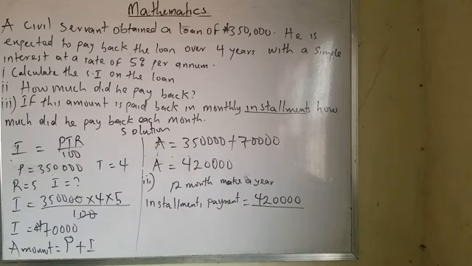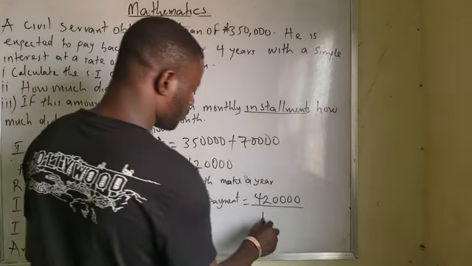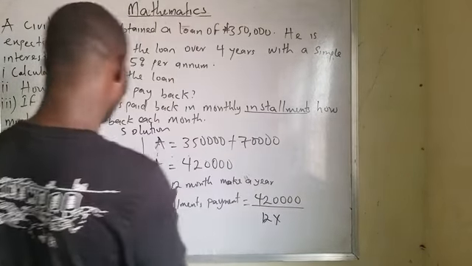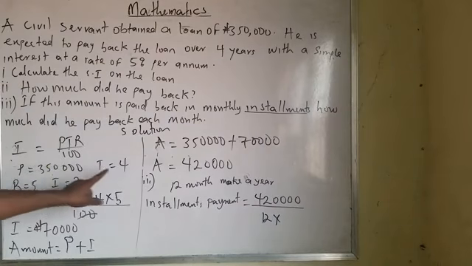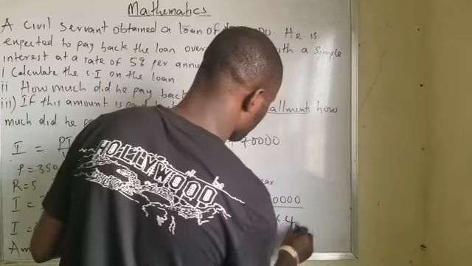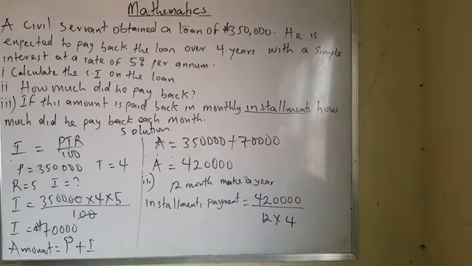We're talking about 12 multiplied by how many years, which is 4. 12 multiplied by 4. That is how we get the installment.